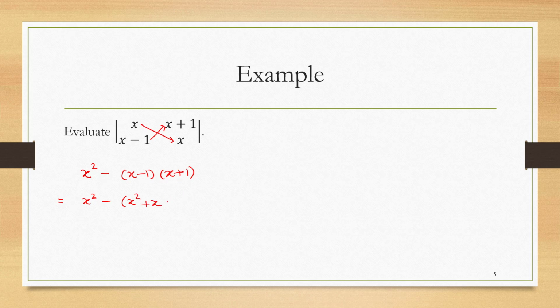Minus 1 with x plus 1, so we get minus x minus 1. That is x square minus x square. X minus x got cancelled. 1 minus and another minus, so it will become plus 1. These two get cancelled and we get 1 over here. So this determinant is nothing but equal to 1.